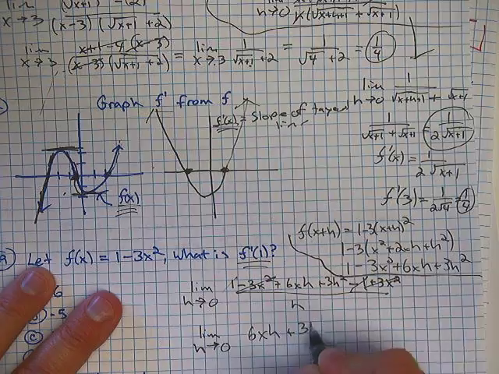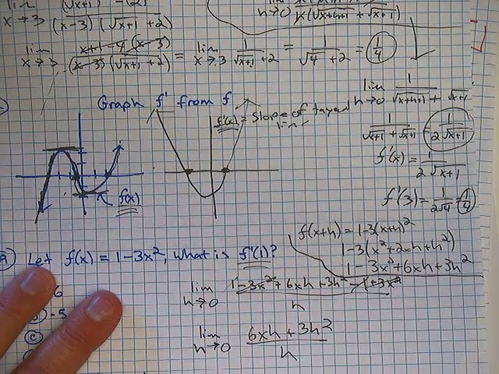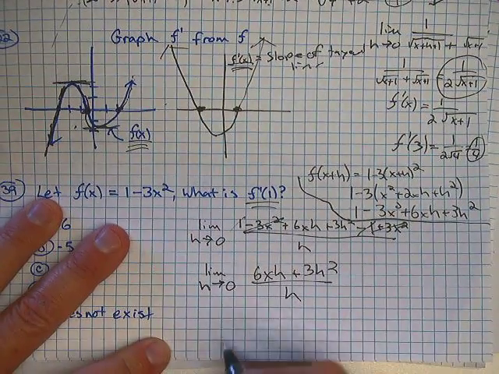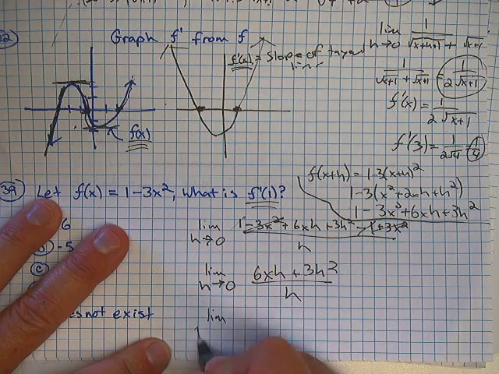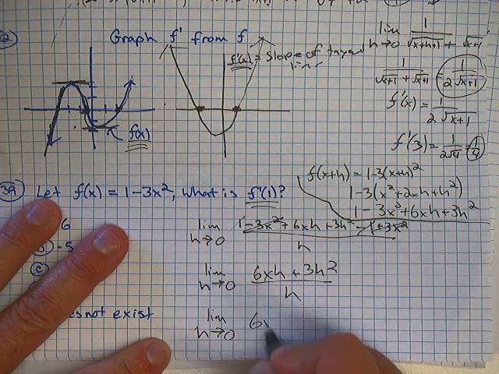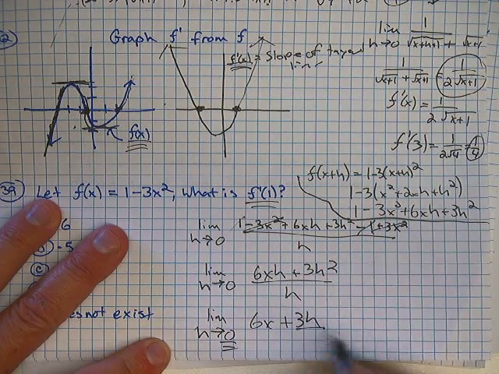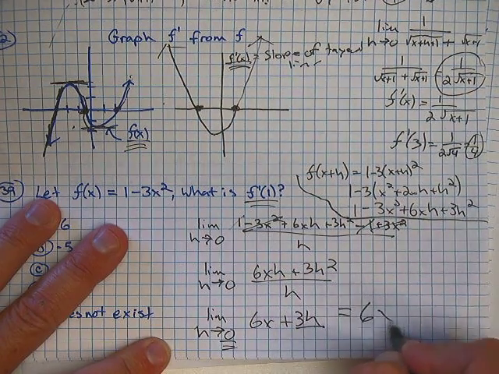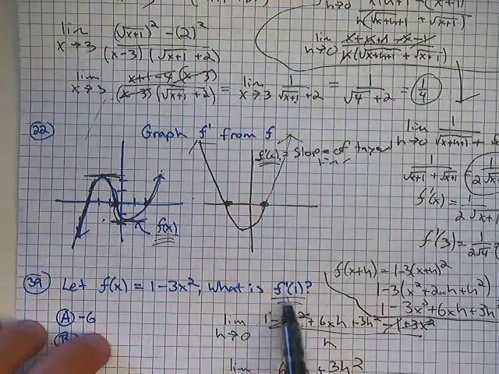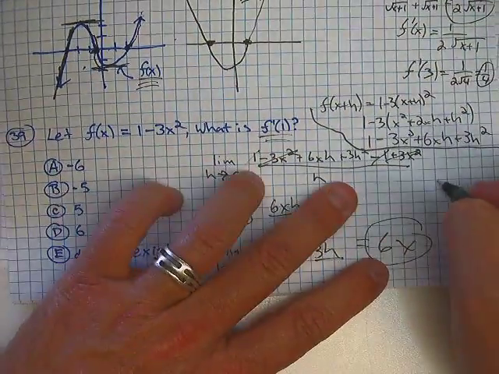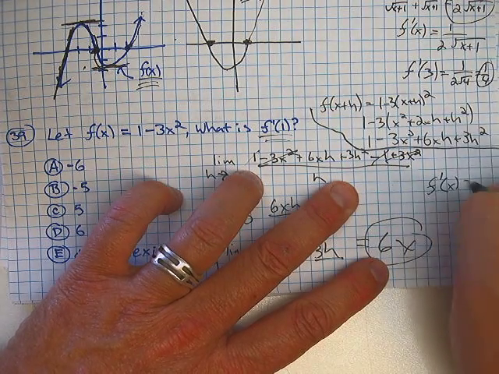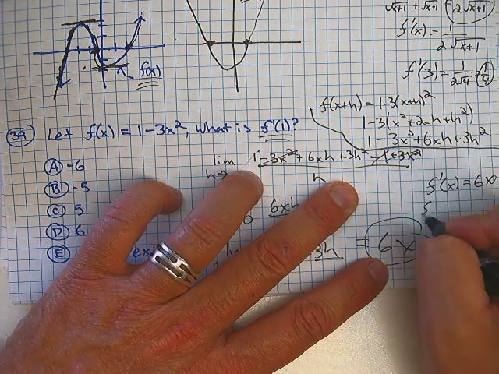Great thing about that, the 1's cancel out, the 3x squared cancels out, and we're left with the limit as h approaches 0 of 6xh plus 3h squared divided by h. H goes into both of those, so we get the limit as h approaches 0 of 6x plus 3h. I can plug in 0 now, because that's not going to be in the denominator, and I get 6x.